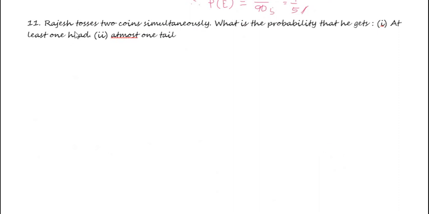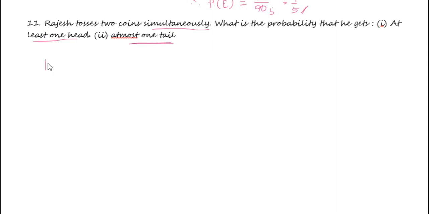11th one, Rajesh tosses 2 coins simultaneously. What is the probability that he gets at least one head, at most one tail? He tosses 2 coins, so let us find the total possible outcomes.